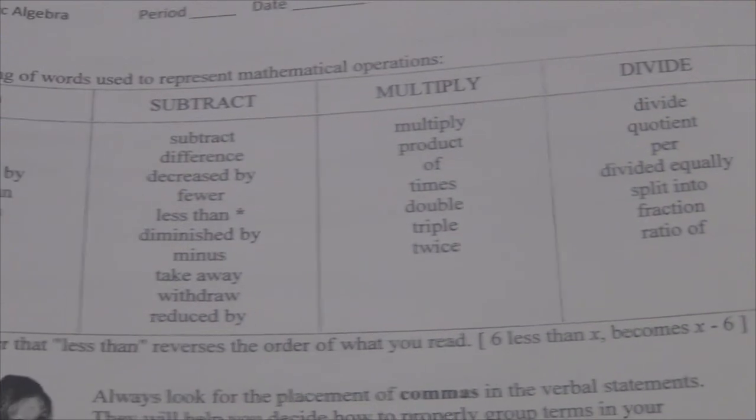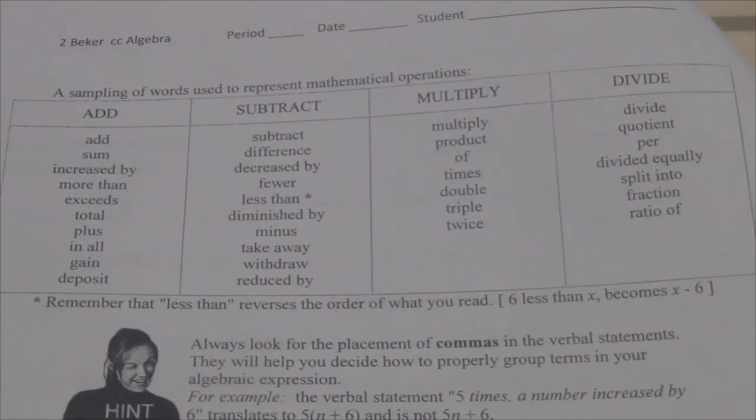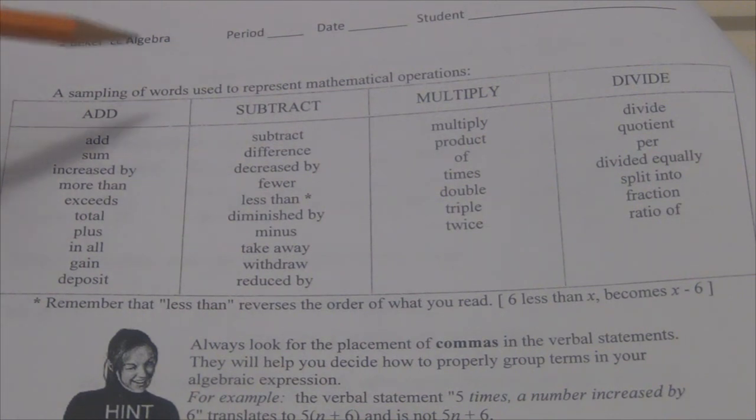All right. Let's move on to the real deal. I really don't want to spend too much time on this. You could read this on your own. Basically, these are a sampling of words that are used to represent mathematical operations.